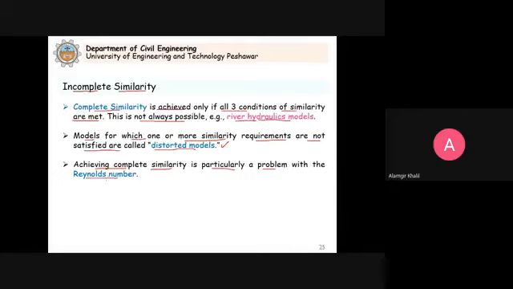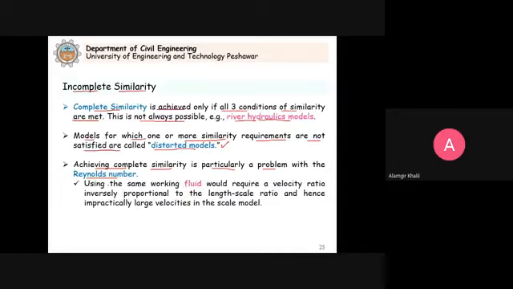Now we come to these dimensionless numbers. I will explain with an example that sometimes it is also not possible to ensure complete similarity. What do we have to do then? Using the same working fluid would require a velocity ratio inversely proportional to the length scale ratio.